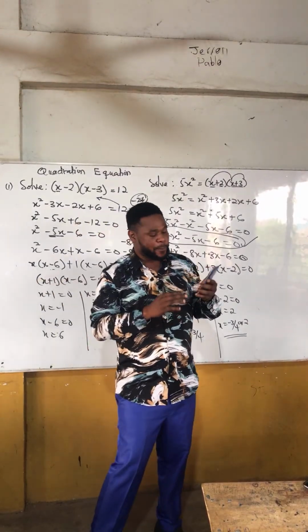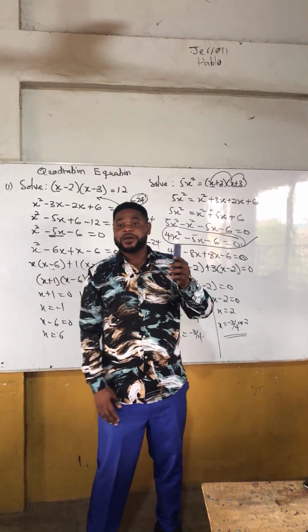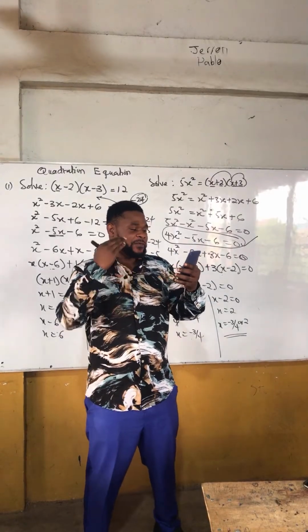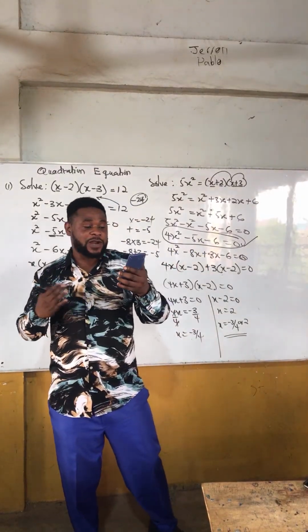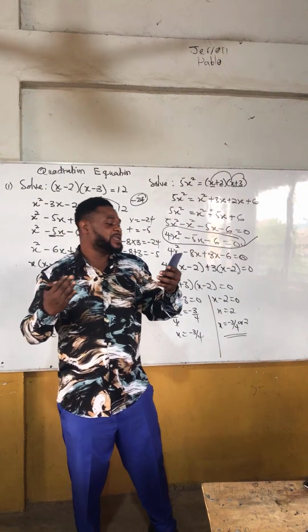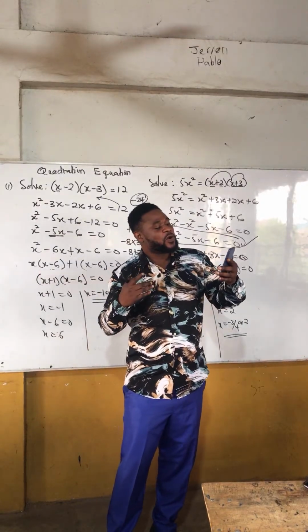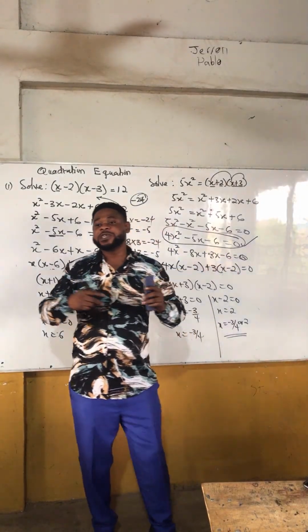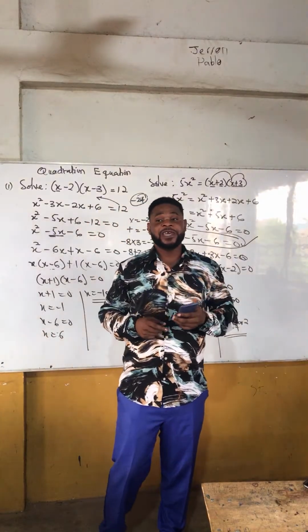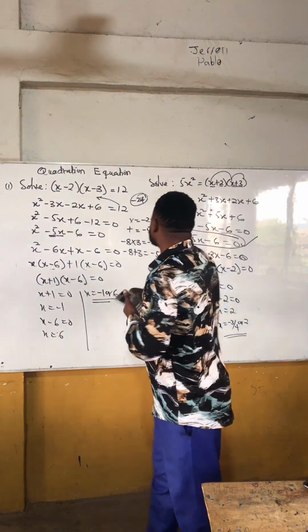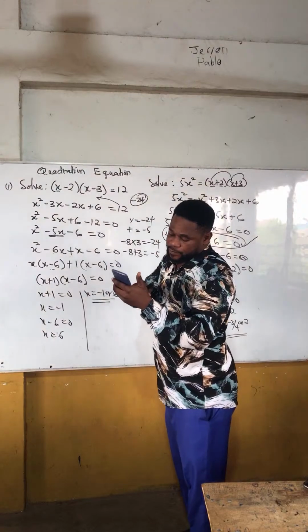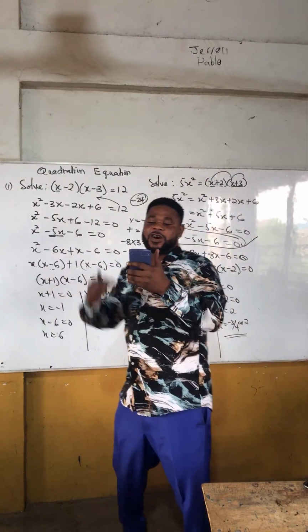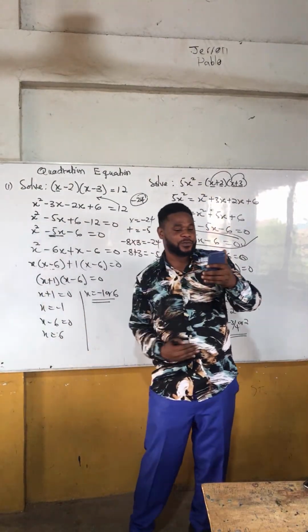When you press mode, we have options up to 8. We have 1, which is COMP. Go to number 5. That is where equations are. We have EQN. Are you all there? So you press number 5, then all the equations will come for you.